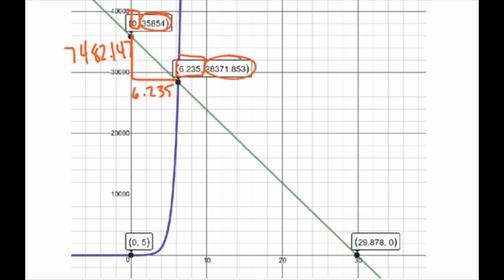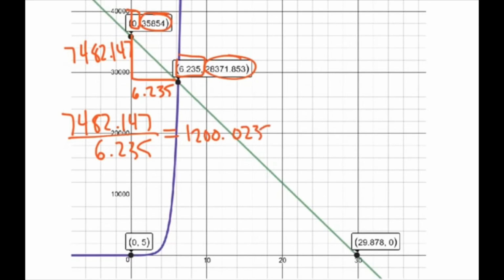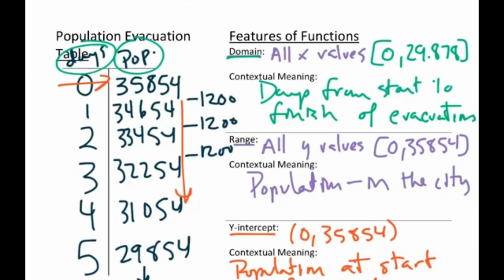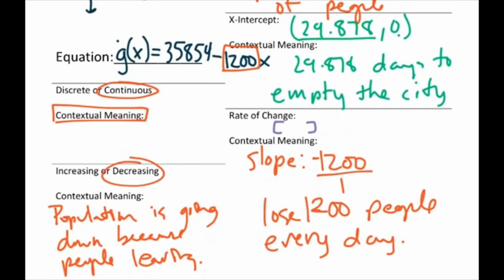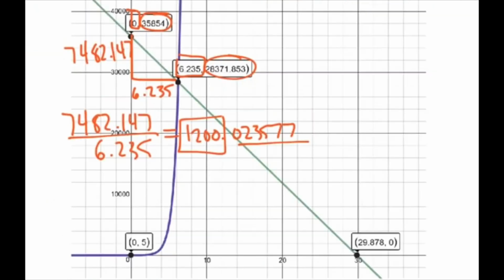So the rate of change would be 7482.147 over 6.235, which if we type that into a calculator, we get 1200.023577. So basically what we said. Because we're dealing with a situation where it's not exact, that's why we get that little bit of a decimal. But that's our rate of change. So per day, once again, that's how many we're losing.